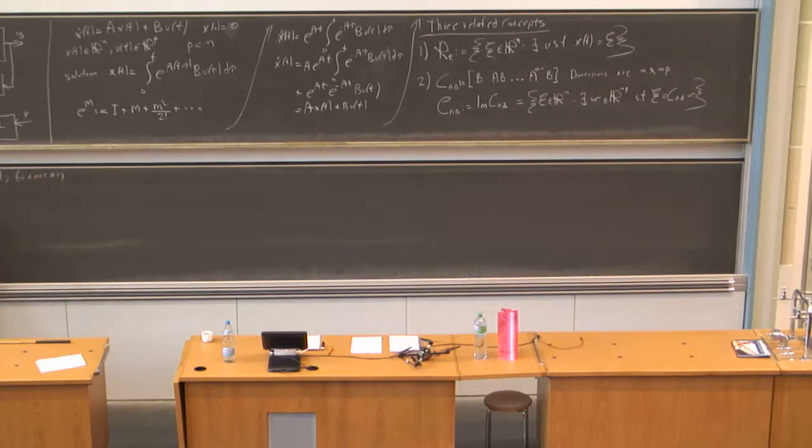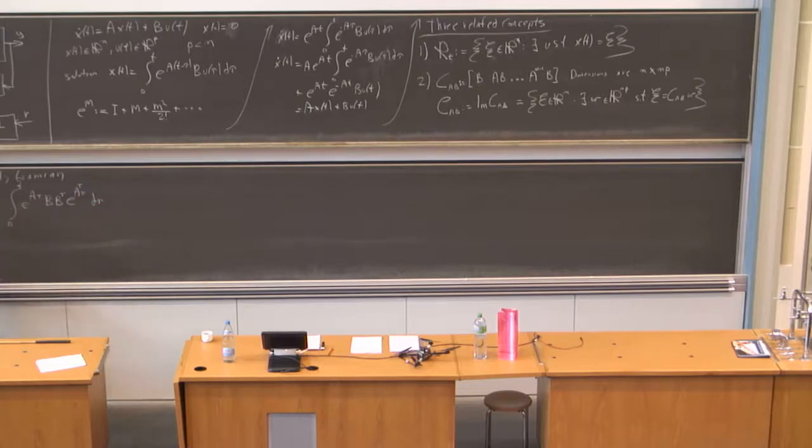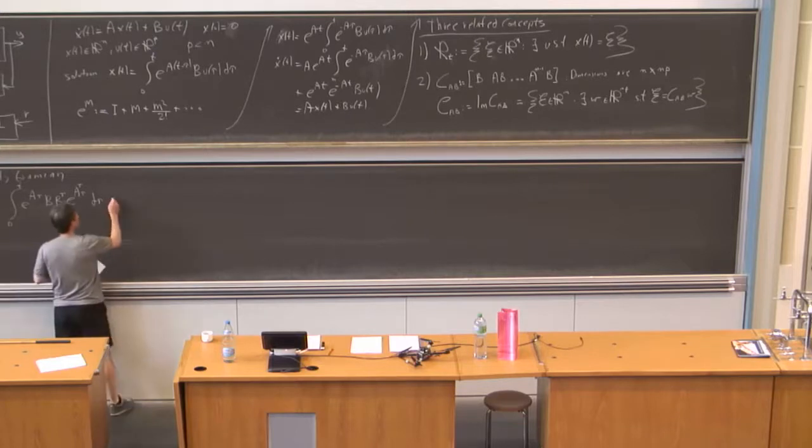And again, for a fixed time t, I define W of t to be the integral from 0 to t of e^(A tau) B times B transpose times e^(A transpose tau) d tau. Okay, so this is a matrix. This is an n by n matrix, right? This is an n by p matrix multiplied by a p by n matrix. Integrate that out, I get an n by n symmetric matrix.